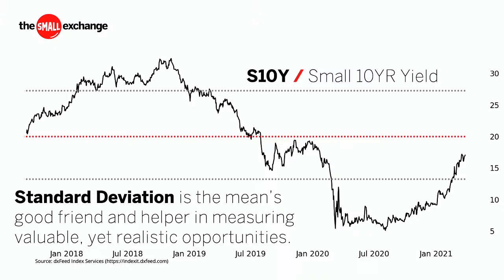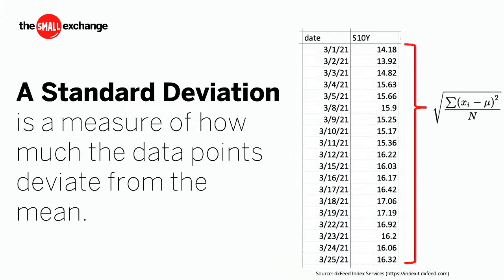Standard deviation is a measure that lets you know where potential value really sets in, and also helps with realistic opportunities, which I want to get to in closing: after knowing where to enter, where should I get out of these positions as well? Before getting too deep here, the standard deviation is a calculation that's a little bit more involved.